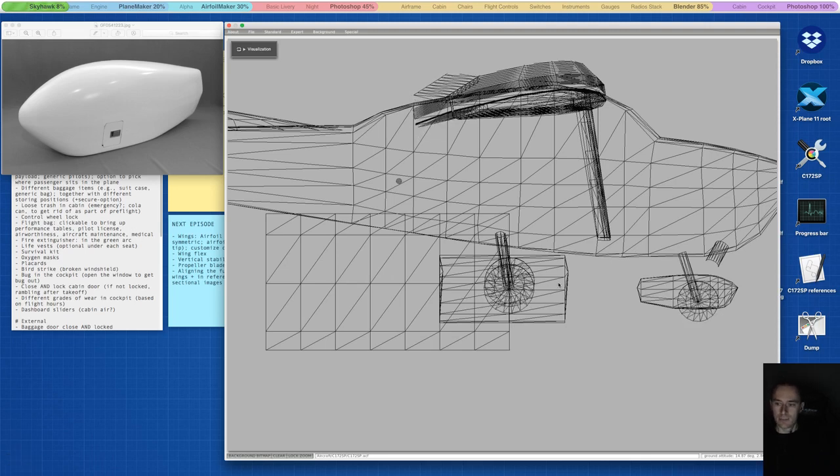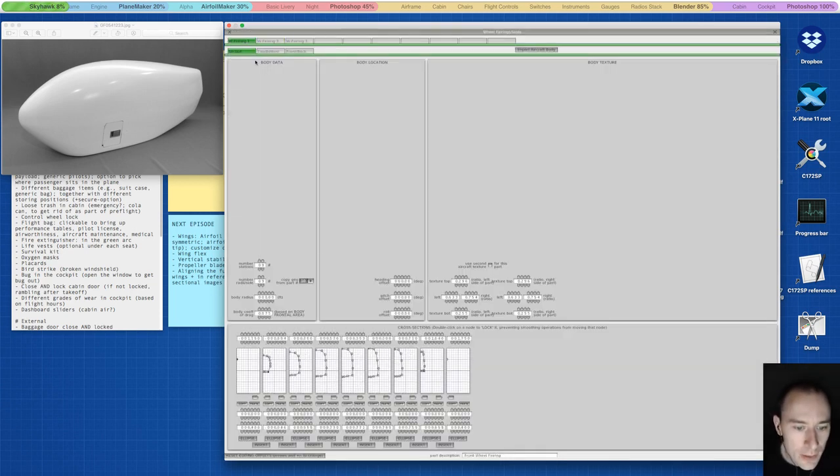I think it should be a little bit more closer up. Nose wheel. Let's make that 0.